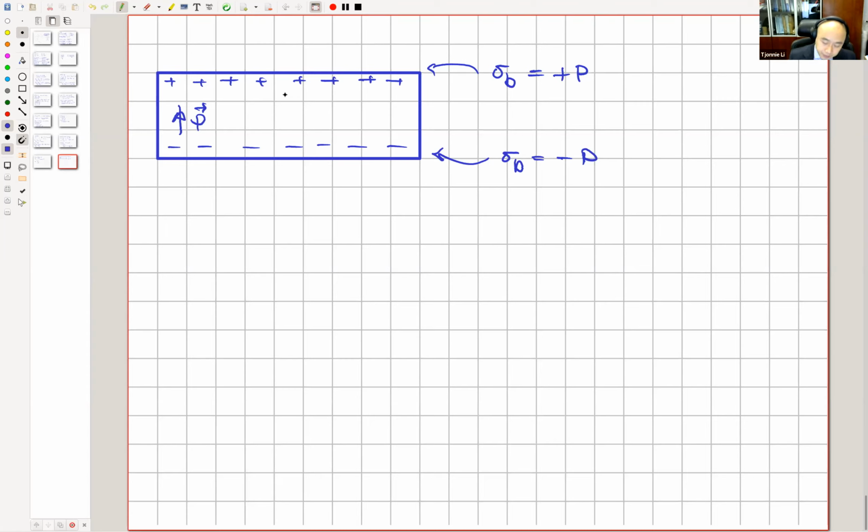And so I could also explicitly calculate the electric field on the inside and on the outside. So this is a result from 2041, but can anyone tell me what is the electric field of an infinite plate with some surface charge density?